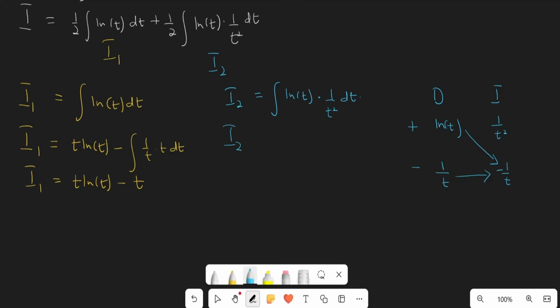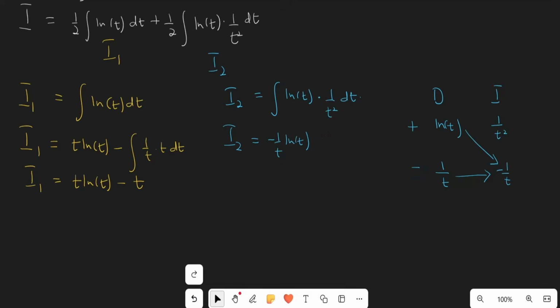So I2 here is going to be equal to, diagonal terms, negative 1 over t times the ln of t, and then minus minus, that becomes positive, because we are multiplying terms horizontally, we have to take the integral of 1 over t times 1 over t dt.